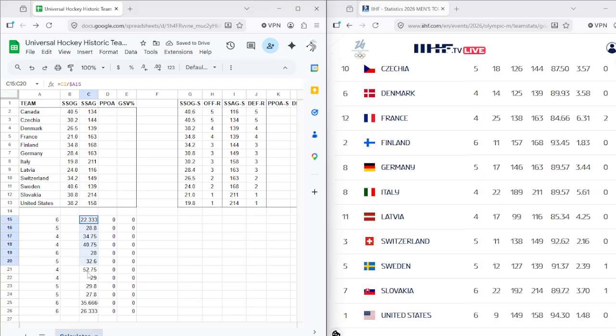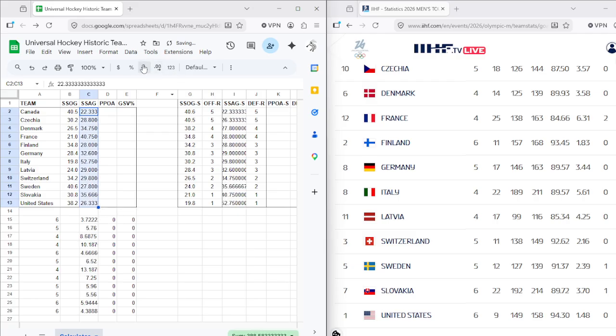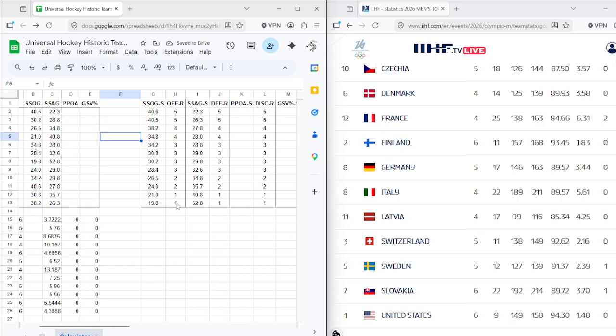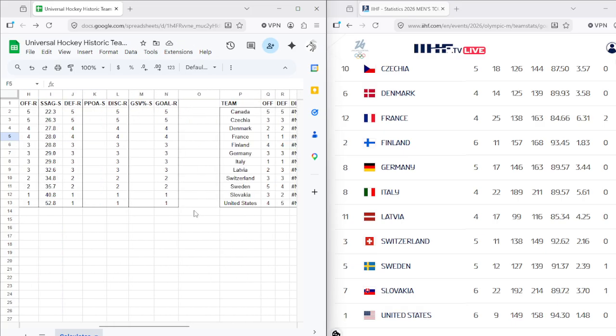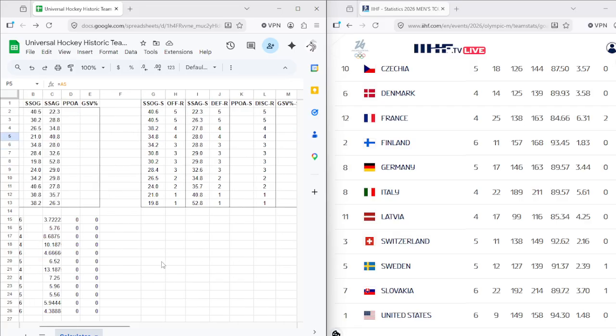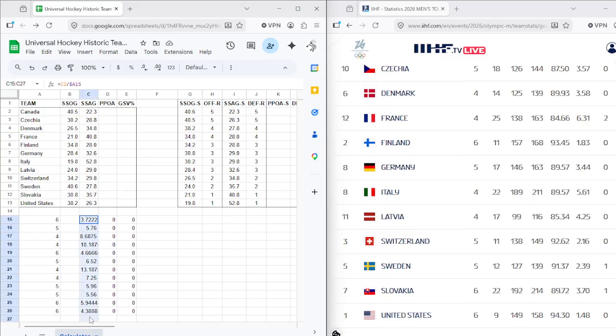So, again, if we go down here, take this, bring it up, bring that back down. What we're looking for is that ideally the U.S. and Canada are probably going to be our 2 better teams. Sweden and Finland should both be in the middle. Italy and France should probably both be at the bottom. So I think we did a good job there.